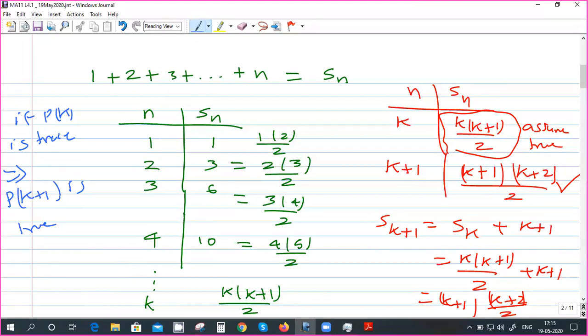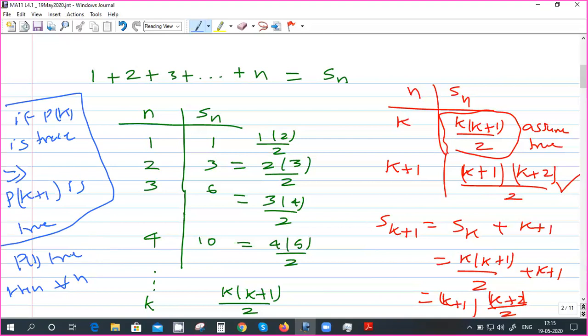Once I get this result, and if I show that p of 1 is true, then it is true for all n. Because if p of 1 is true, then p of 2 is true from this result. Getting the point? Yeah.